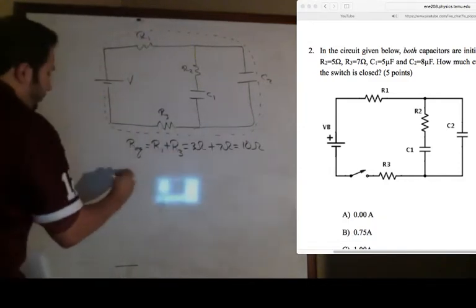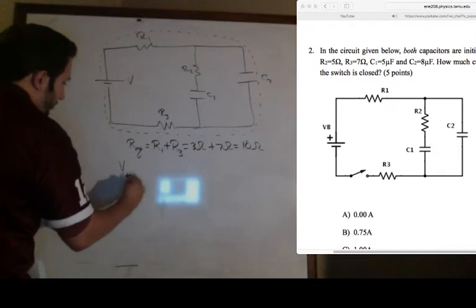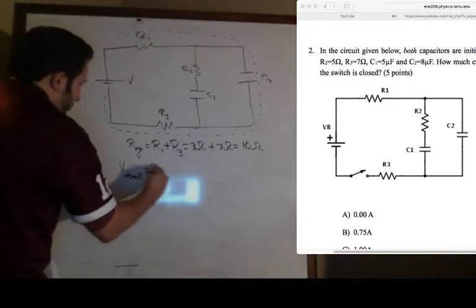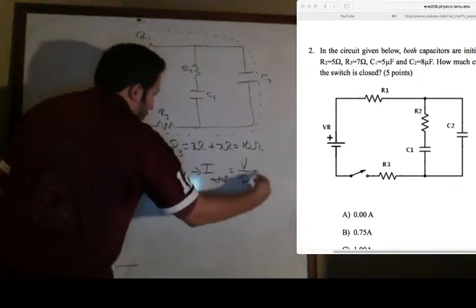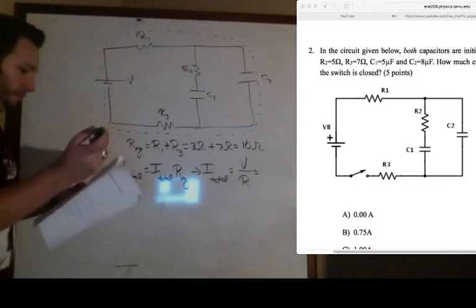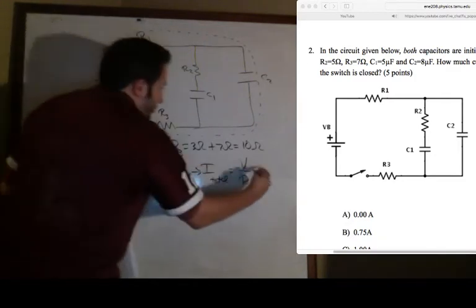And so, we're going to use that our V total is equal to I total times Req. And so, I can find my total current by doing V over R, which the voltage on this battery is given to be 15 volts.